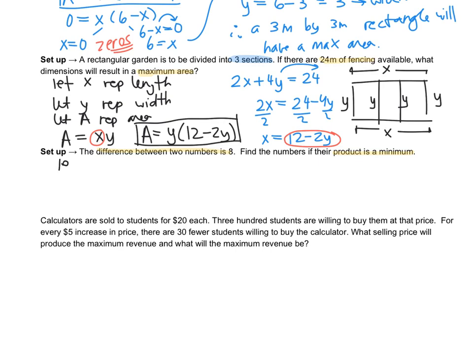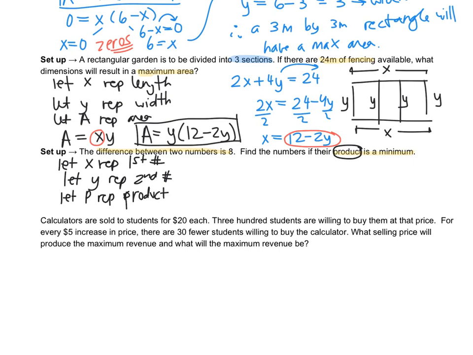So my let statements will be let x represent the first number, let y represent the second number, and my goal is to find a minimum product. So I'm just going to write let p represent product, because I'll probably have to set up an equation for product, and I don't know what the product is.